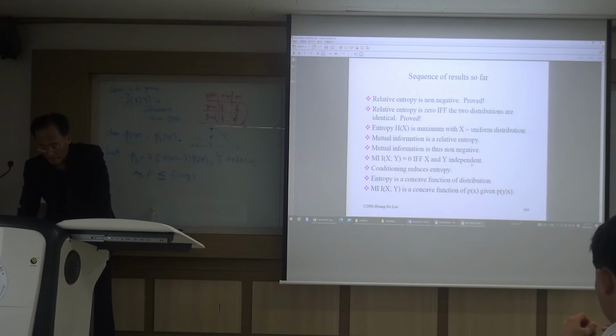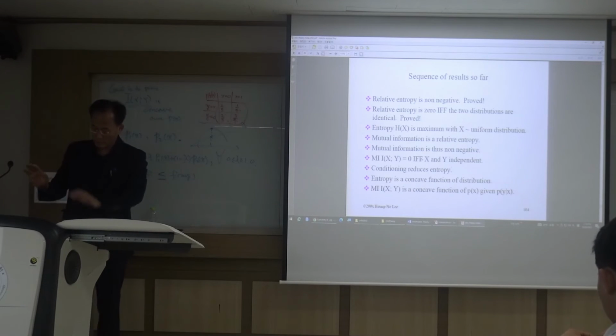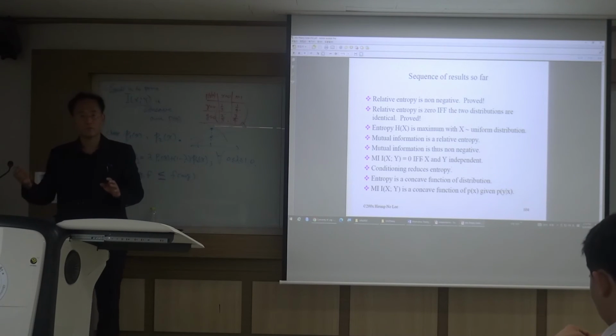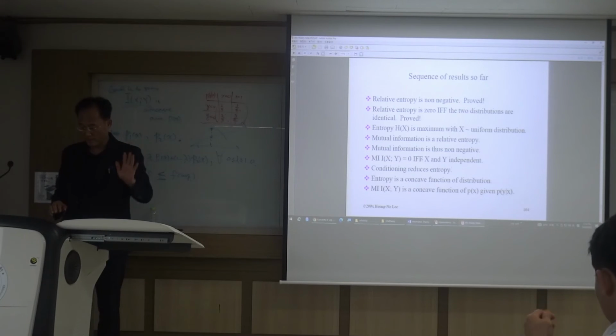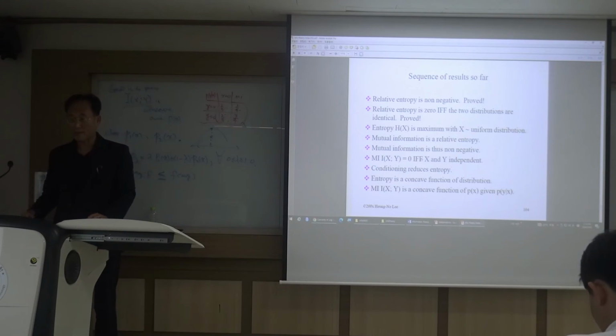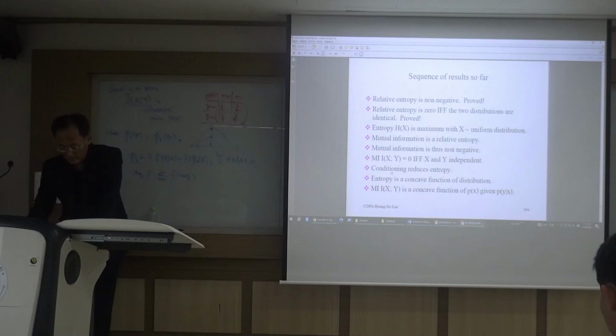Going from right to left is easy because you just substitute, but going the other way from left to right, that is the difficult part, but we have proved that. And then because of the mutual information characteristic, we can also say that conditioning reduces entropy.